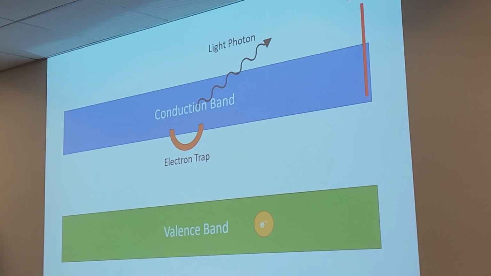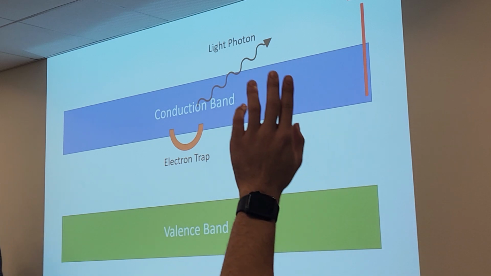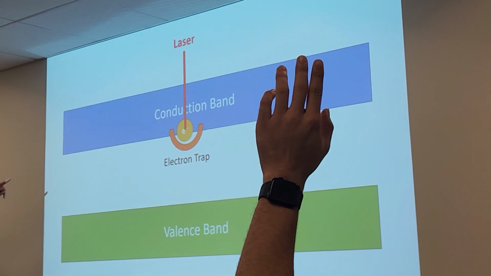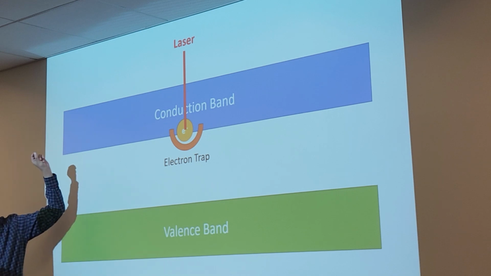And that light is what we use to create our final image. So these electrons trapped inside the conduction band are basically our latent image, our invisible image caught inside the PSP plate of our CR cassette.